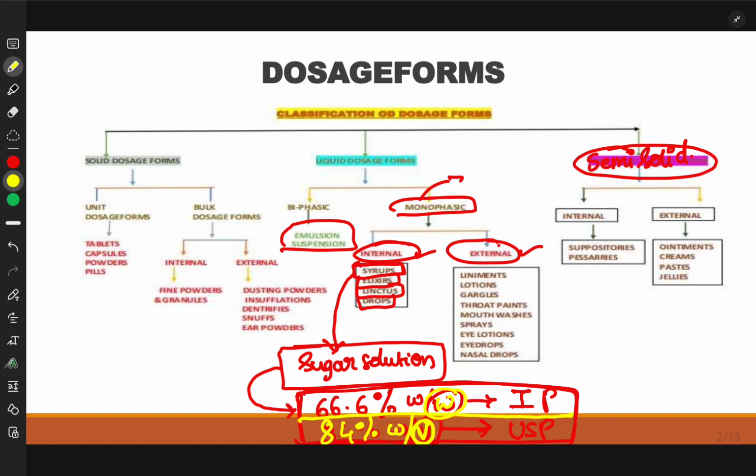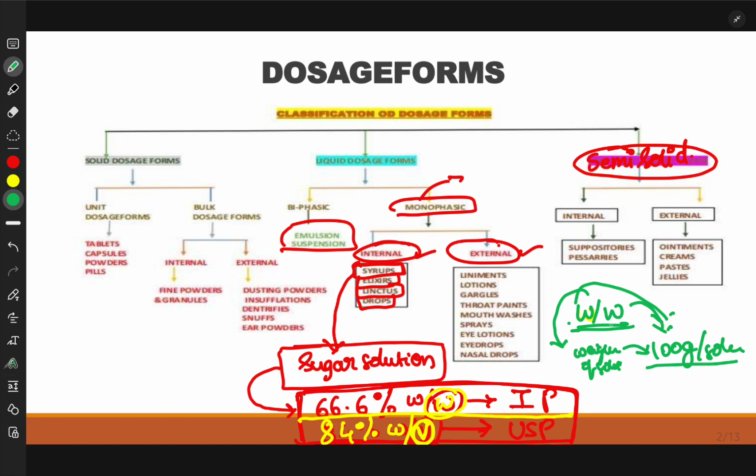Here, I will explain what is weight by weight or weight by volume. Weight by weight means the weight of solute in grams dissolved in 100 grams of solvent. Weight means grams.